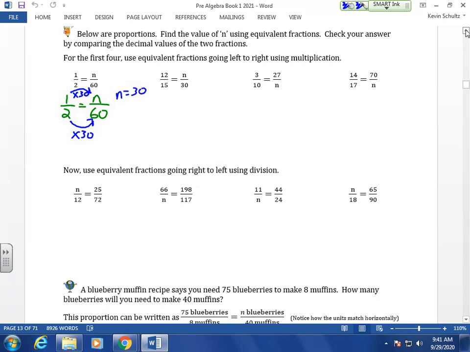That's how the concept of equivalent fractions can be applied to solving missing values in proportions. 1 over 2 equals 30 over 60 is a correct proportion. What's the decimal value of 1 over 2, or 1/2?